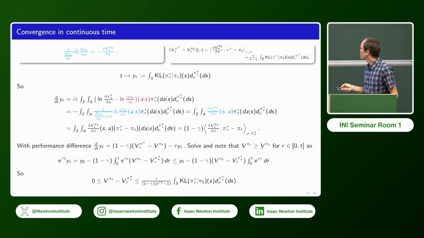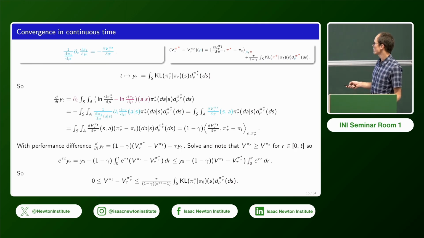And now one thing I would like to point out is that on the right hand side, the error term, you've got a nice exponential part, but there is the KL, which is of the form pi star to pi 0. And we know that because we've added the entropy regularization, your pi star has full support.